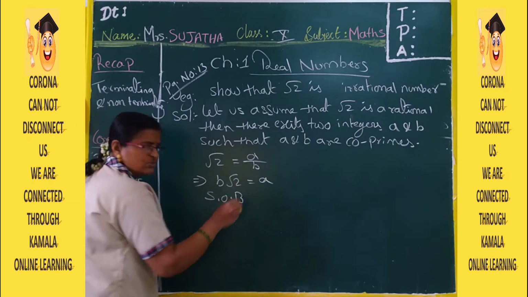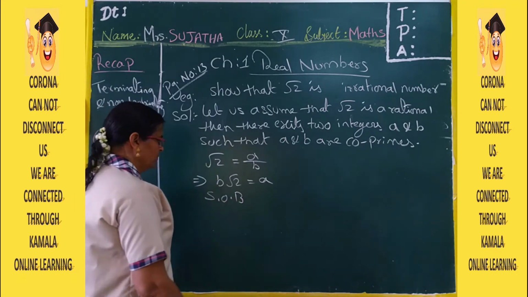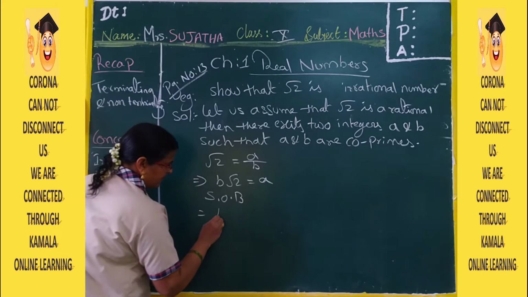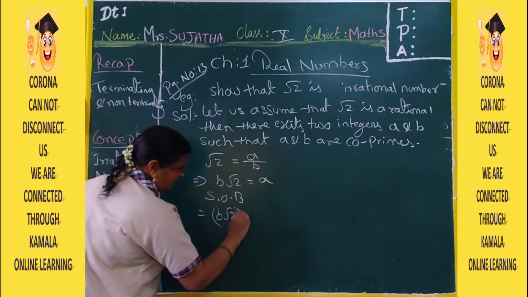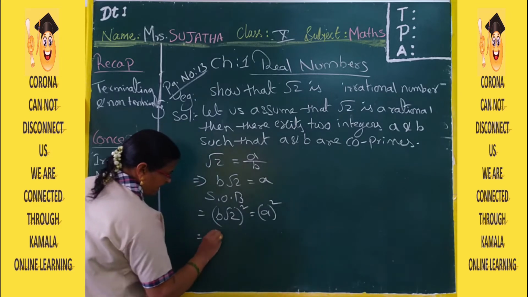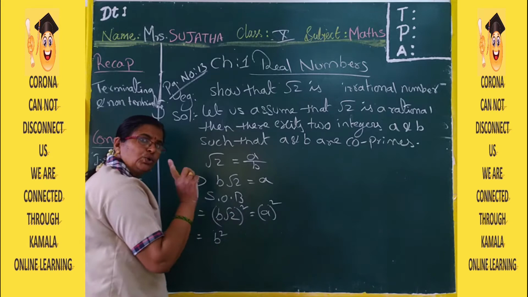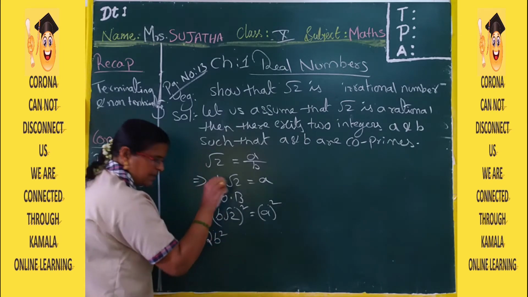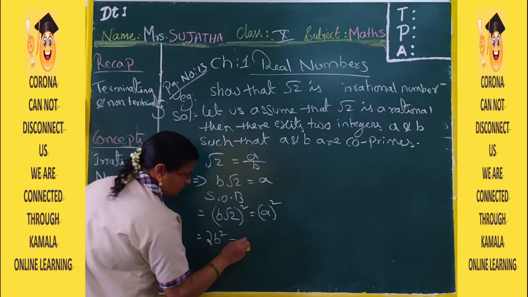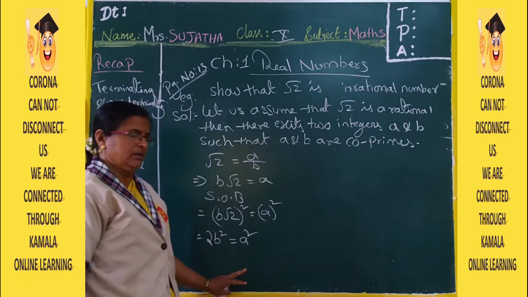Squaring on both sides, what will you get? b root 2 whole square is equal to a square. That is b square times root 2 whole square, and root 2 whole square is nothing but 2. So 2b square is equal to a square.